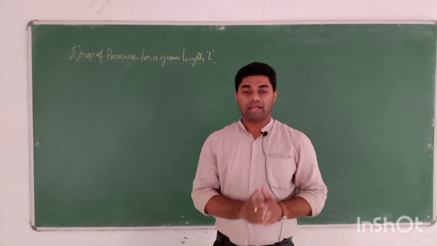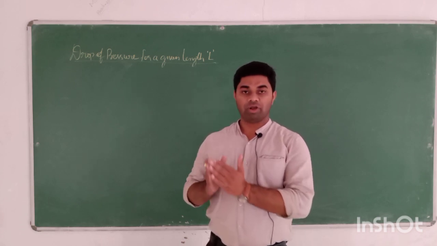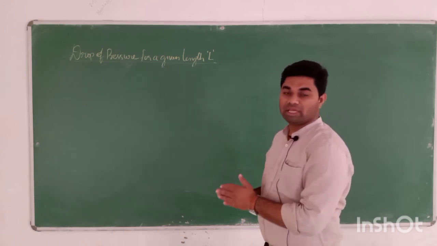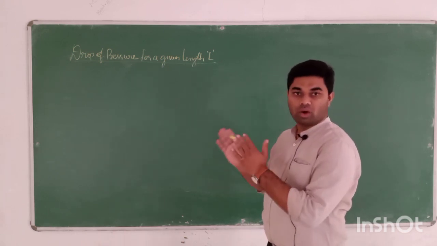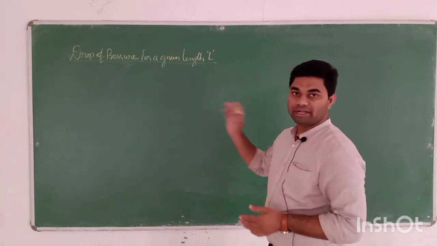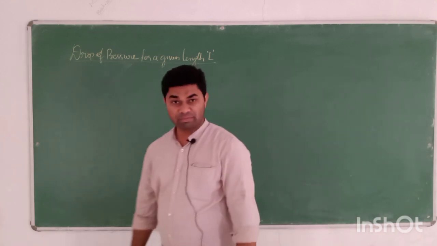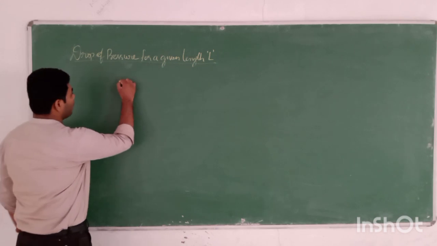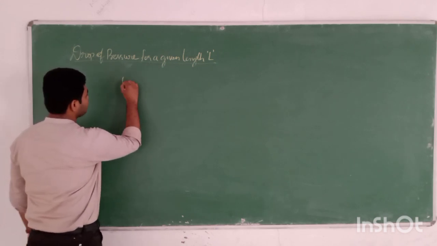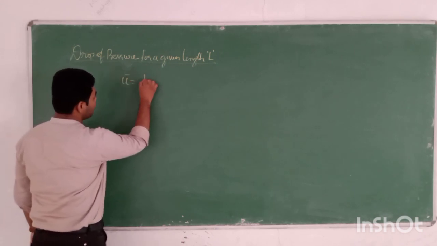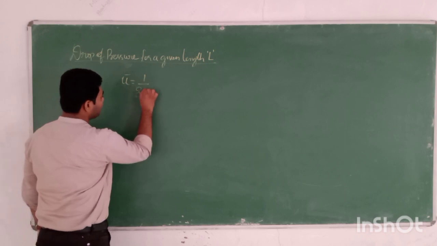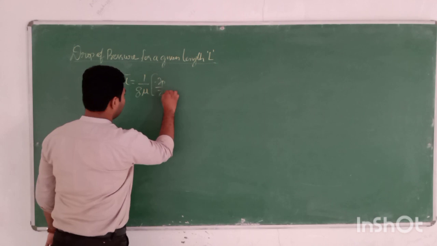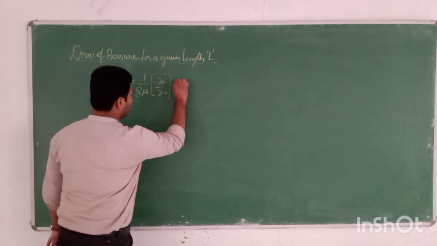Let us now determine the drop of pressure for a given length L in a circular pipe. So what will be the pressure drop throughout a circular pipe? Let us find it out. Before beginning, what have we found? We have found the average velocity, u bar, which is 1 by 8 mu into minus dP by dx into r squared.